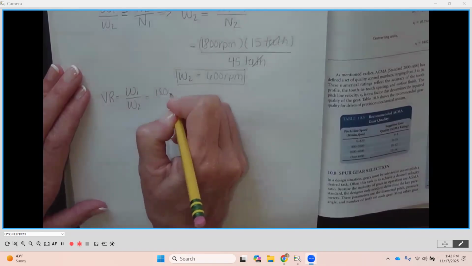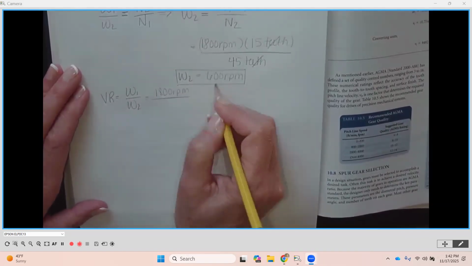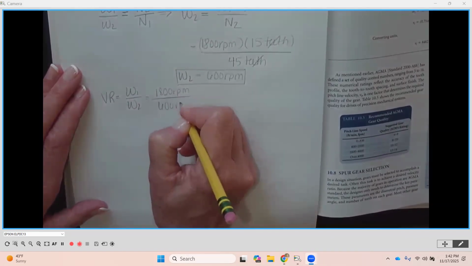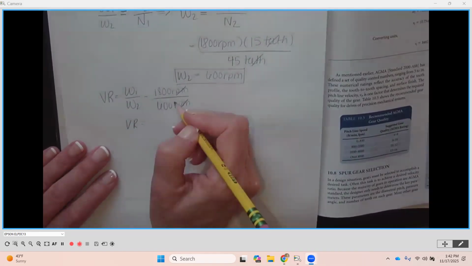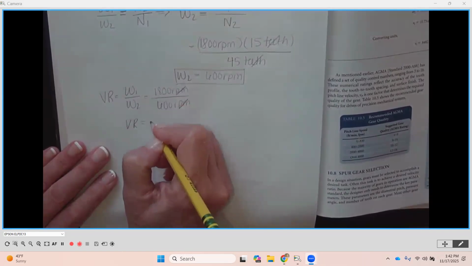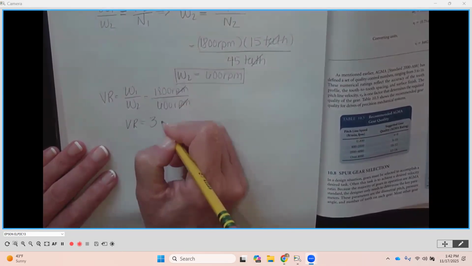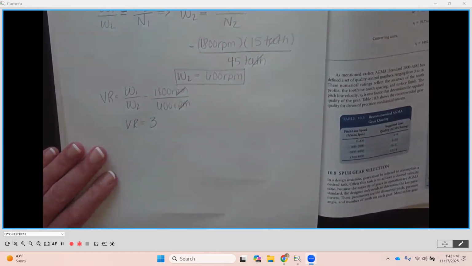We know that W1 is 1800 RPMs and W2 is 600 RPMs. So RPMs cancel out, which we're expecting. The velocity ratio is always going to be unitless. If I take 1800 divided by 600, we get 3, and that's it. No units here. They cancel out top to bottom.